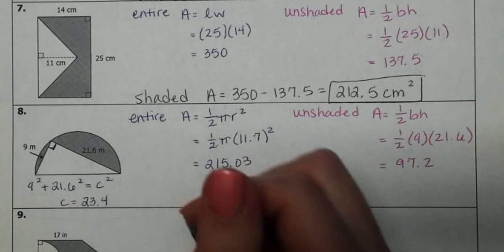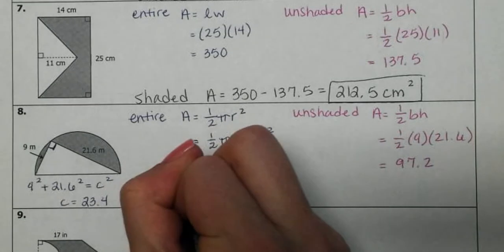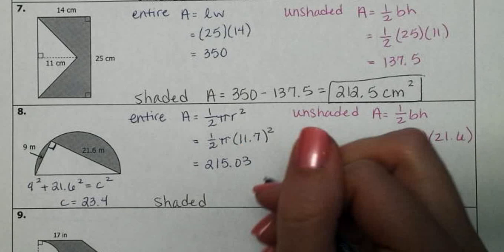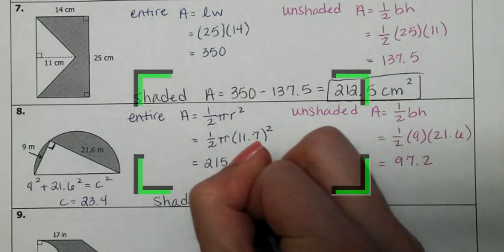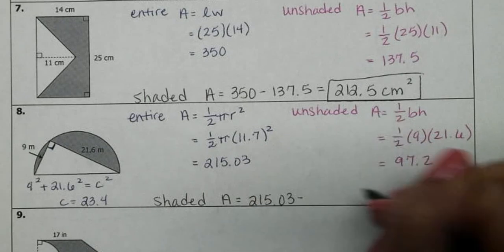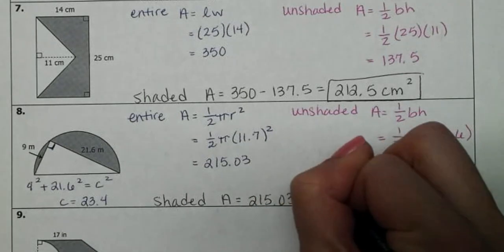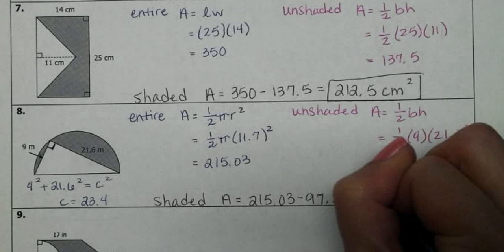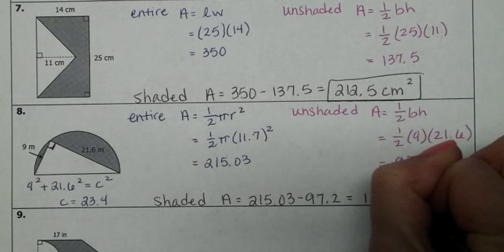So to find the shaded region, you're going to take 215.03 and subtract 97.2 to get 117.83 meters squared.